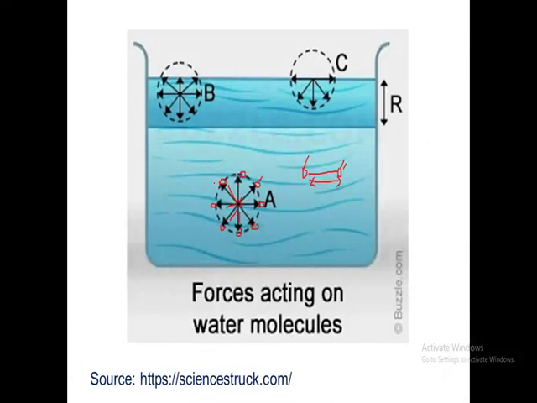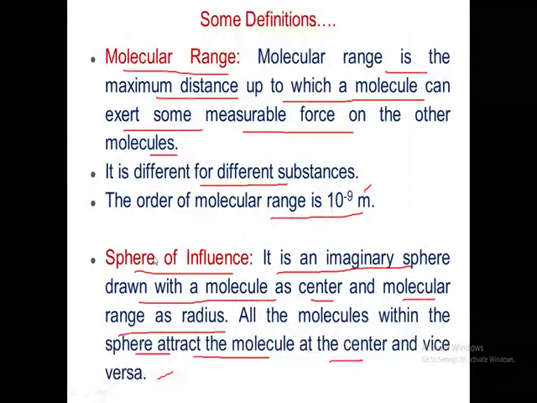if we join all these water molecules, what do I get? I get an imaginary line. This imaginary line, which joins all these molecules, we call the sphere of influence. So what is it? It is an imaginary sphere drawn with a molecule as center and molecular range as radius.